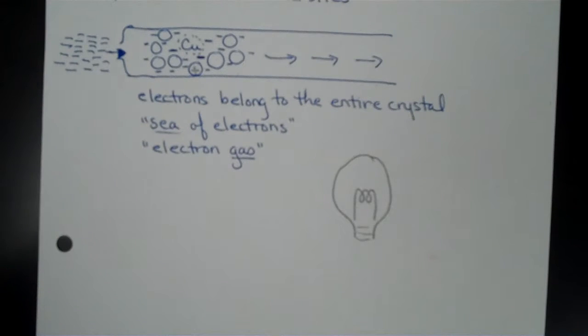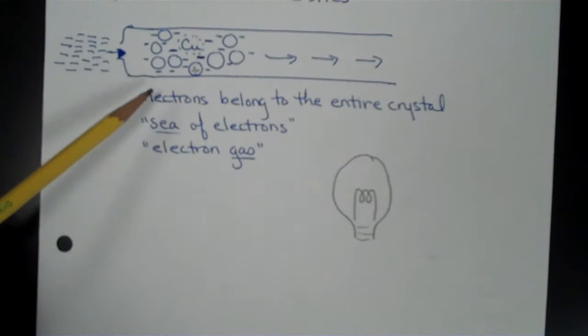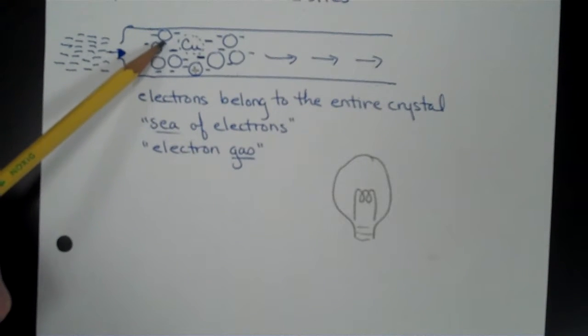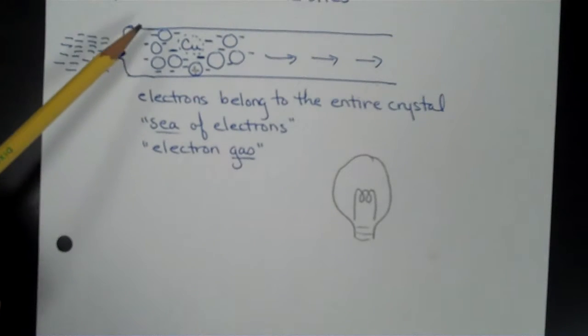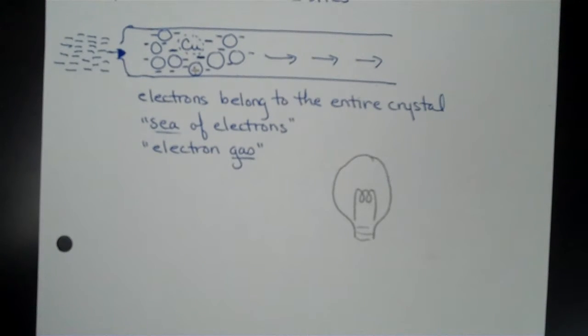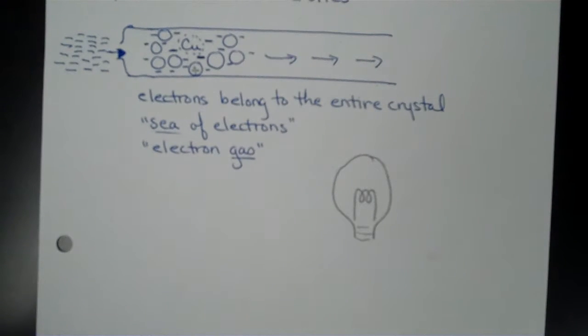So, if these loosely held electrons are shown here, what kernel does this electron belong to? It's delocalized. Rather than belonging to one particular nucleus, these electrons belong to the crystal as a whole. And they are considered to be like a sea of electrons.